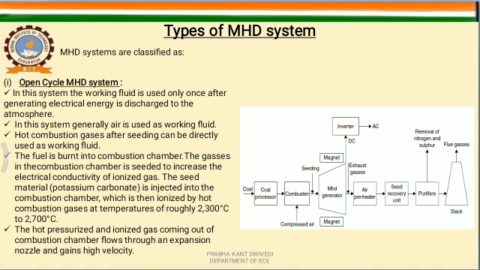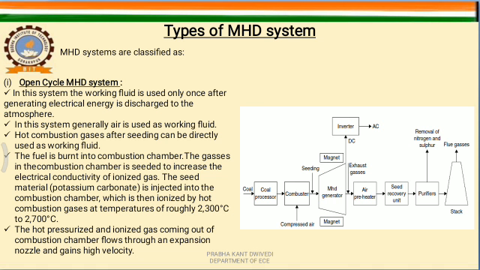In this system, for the combustion, generally air is used. Hot combustion gases after seeding can be directly used as working fluid. So, after passing through the MHD generator, the exhaust gases are directly discharged to the atmosphere.